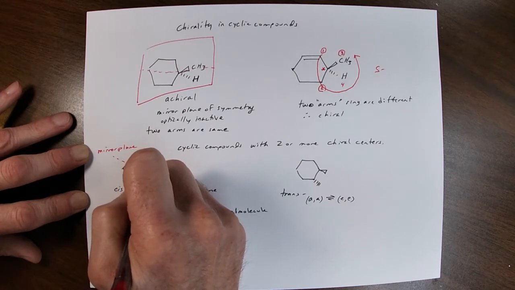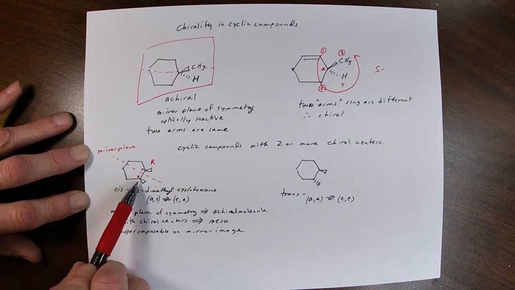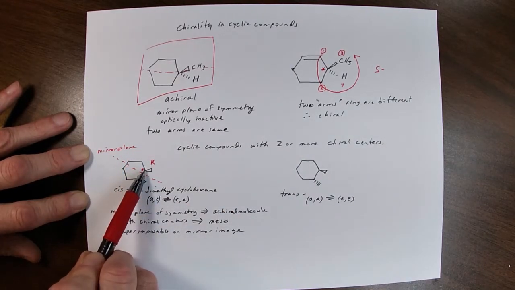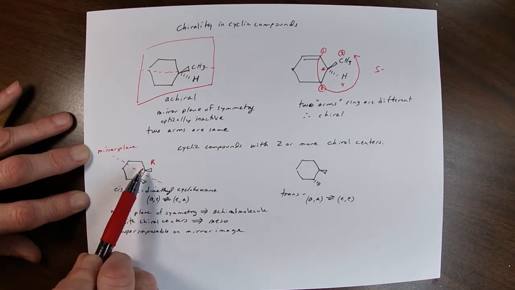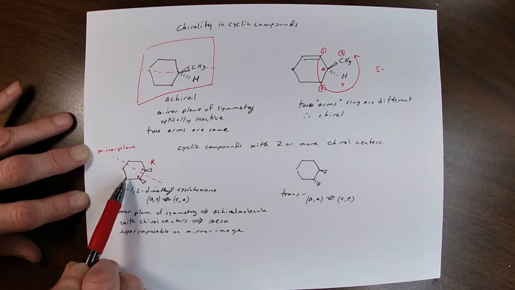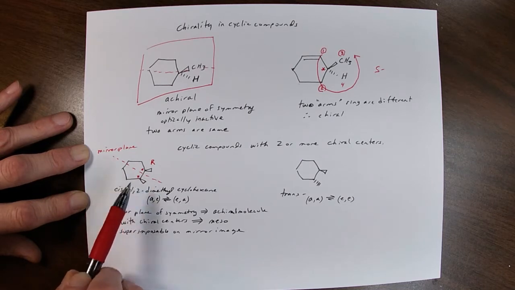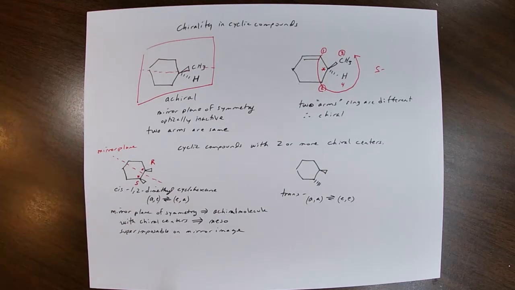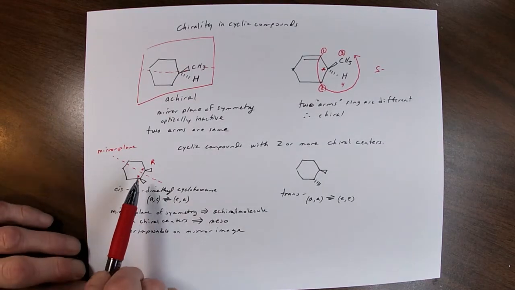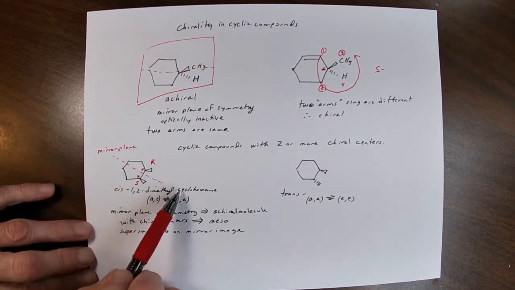This one is R. If I take this chiral center, this is the more important arm, okay, then this, and then the methyl. So 1, 2, 3, counterclockwise, S, the lowest priority is pointed away from me. It is SR, and it is meso.